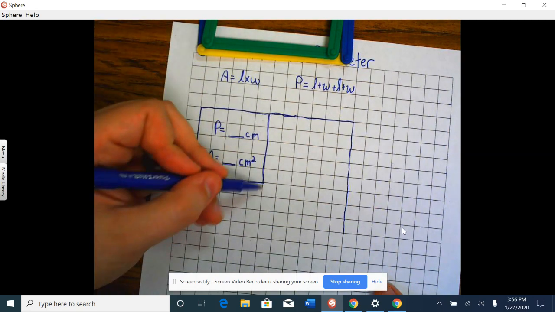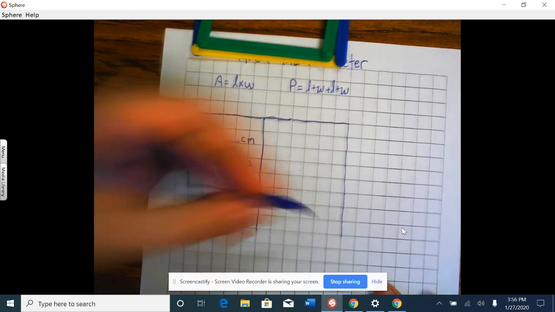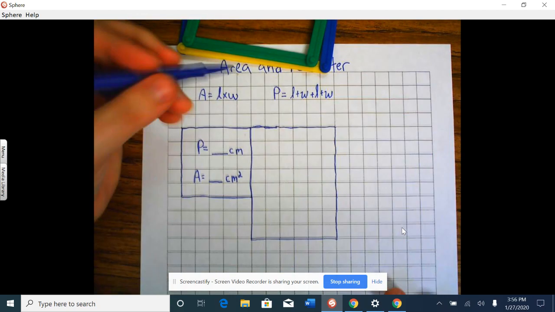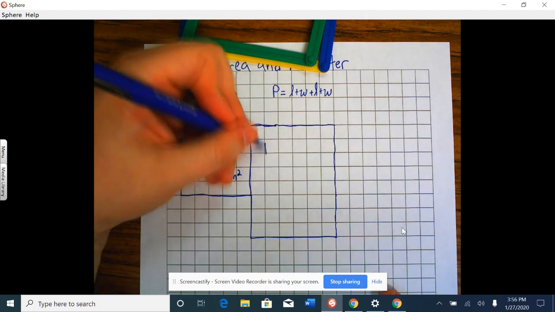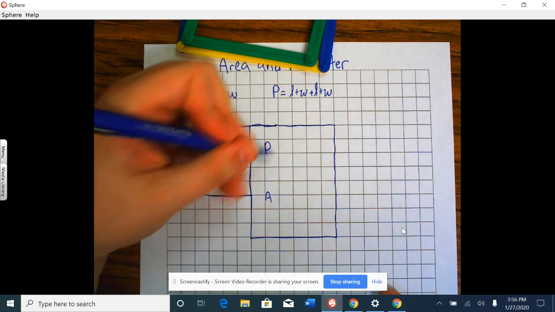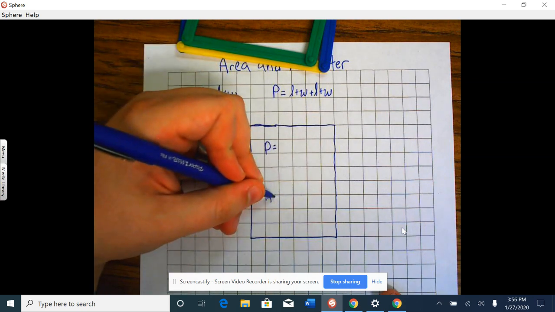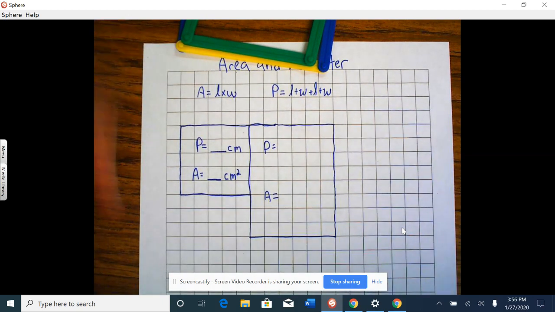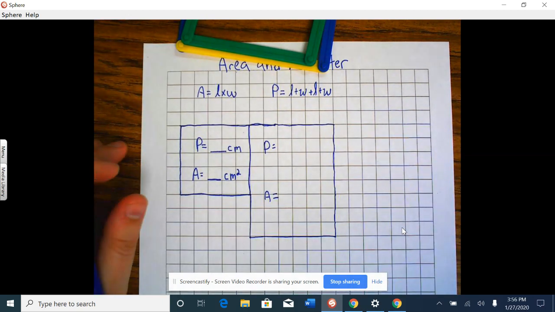And 8 looks pretty close to what I want it to look like. Okay, again, you'll give me the perimeter and area, calculate those on a separate sheet of paper. And that'll be centimeters and centimeters squared. Okay, and pause it again if you need to.